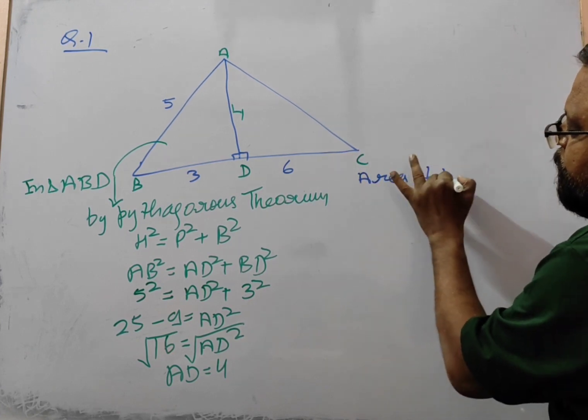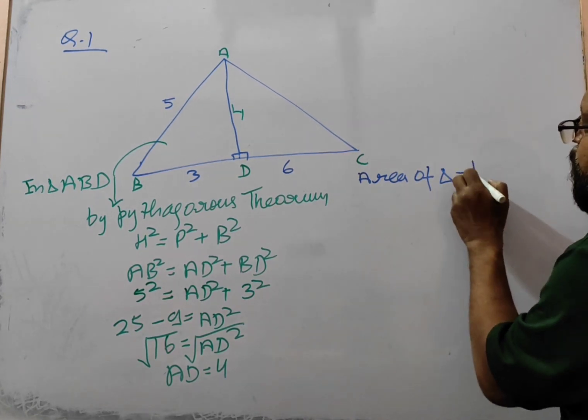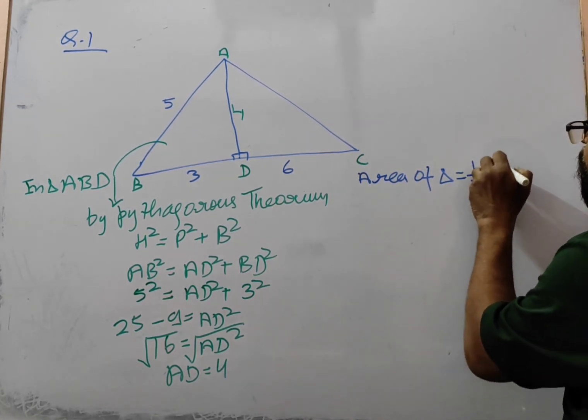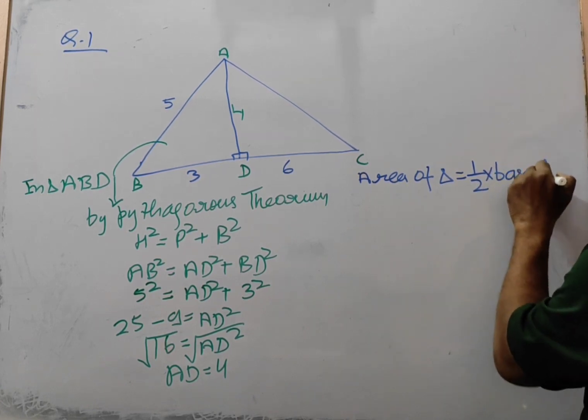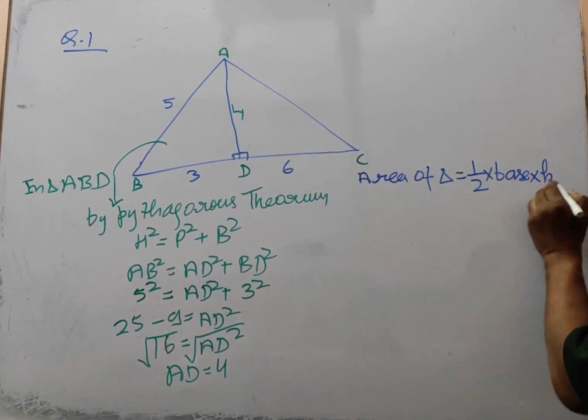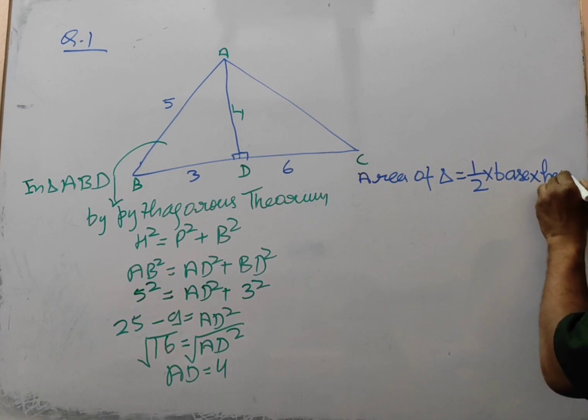area of triangle is equal to 1 by 2 into base into height, right? Base into height.